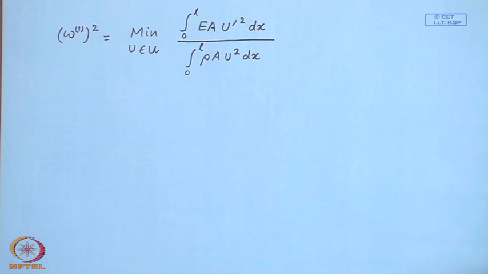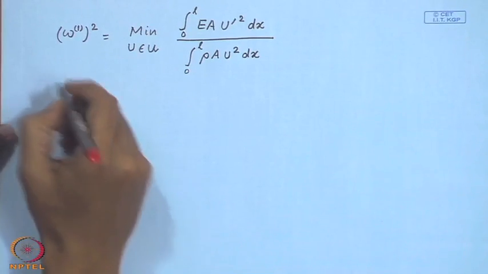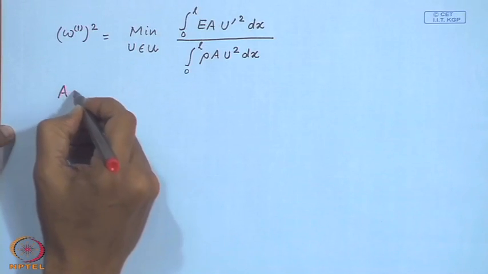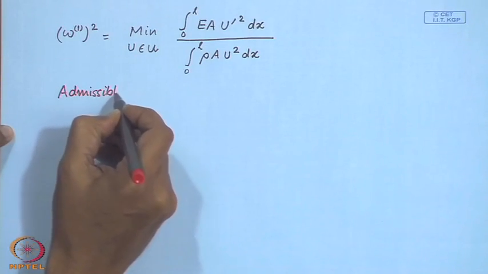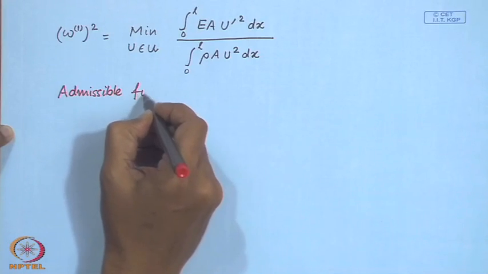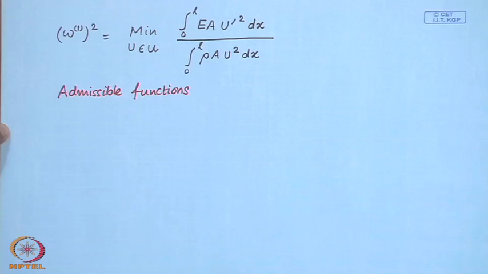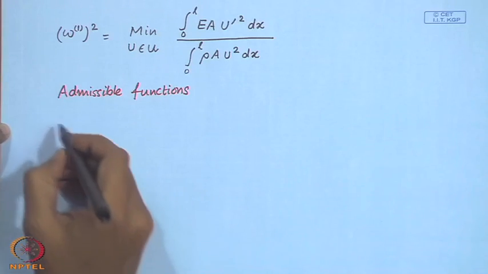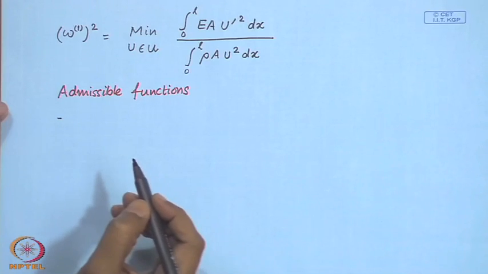Now, we come to these admissible functions. So, what are admissible functions? These are functions which satisfy the following two properties.